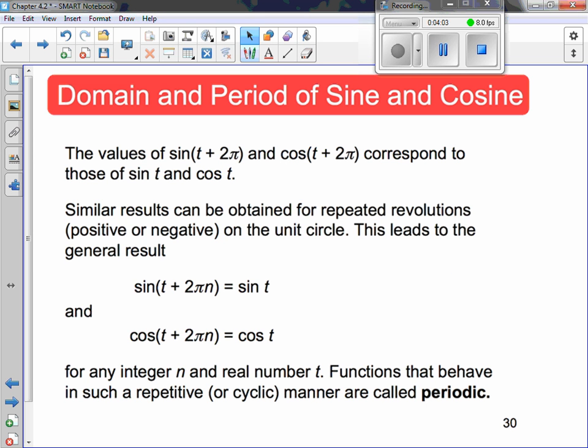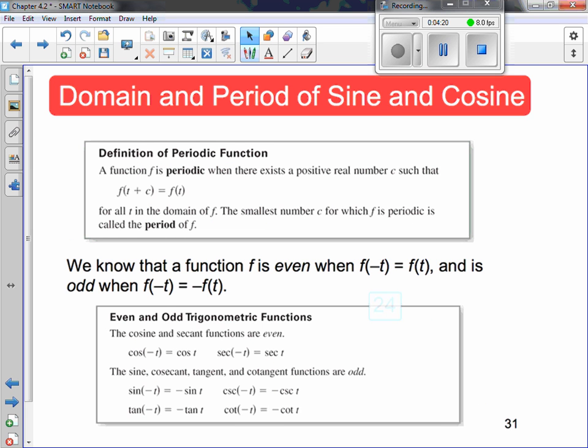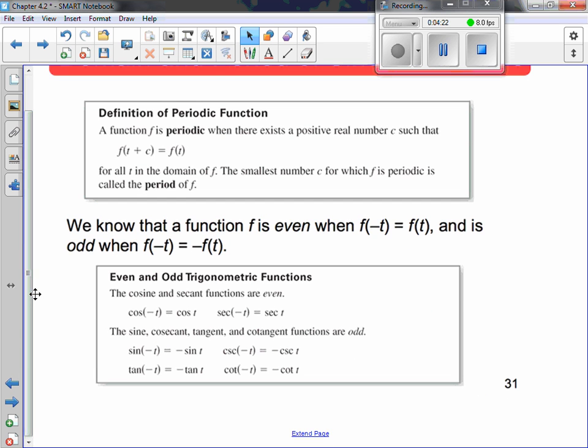The values of sine of t plus 2 pi and cosine of t plus 2 pi correspond to sine of t or cosine of t, because anytime I add 2 pi to it, I'm getting back to the same point on the unit circle, the same value, because it repeats every 2 pi. So by definition, this is a periodic function, because anything considered a periodic function repeats over a certain period.